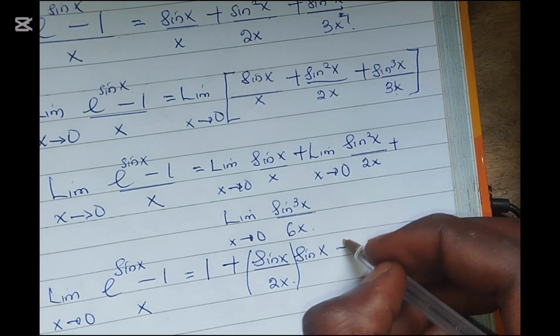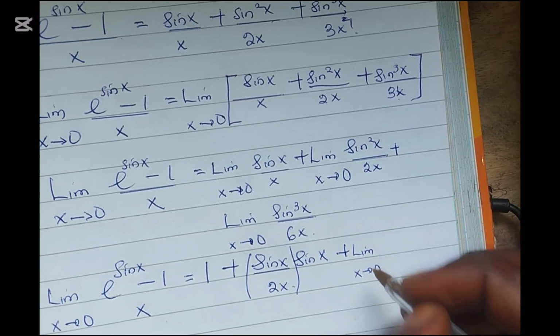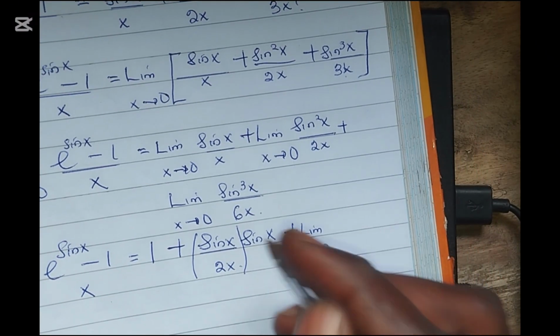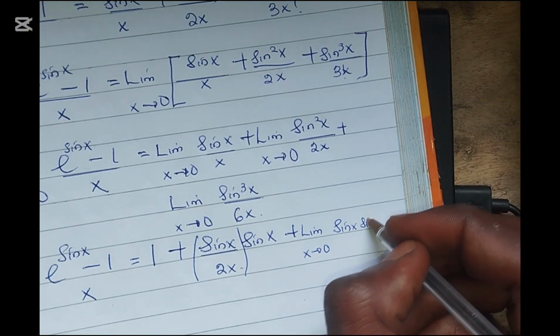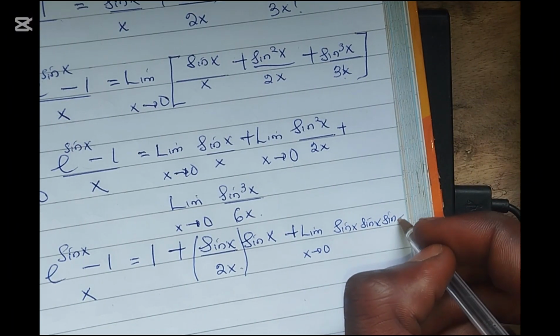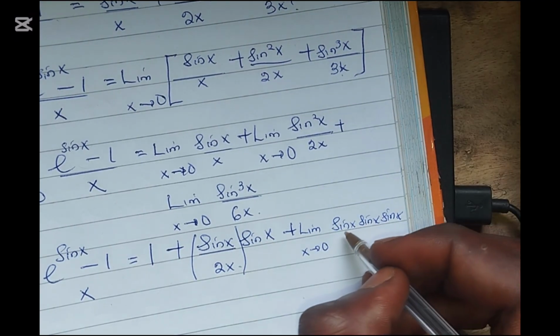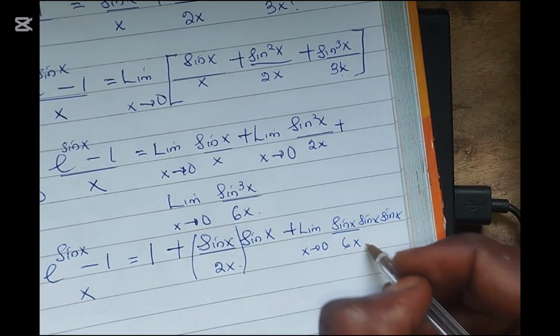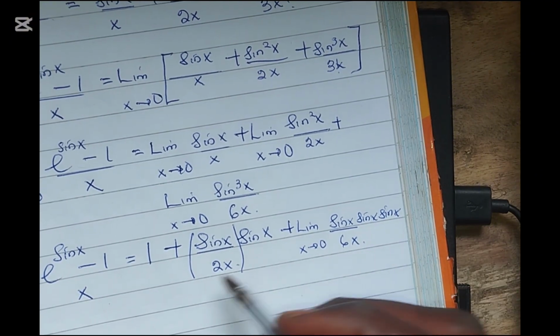Now plus the third. The third one says, just pay attention, sine x, sine x, sine x. Now I will imagine one of these sine x is having this 6x. So 6x here. Okay, I'm about to show you how this goes to 0.